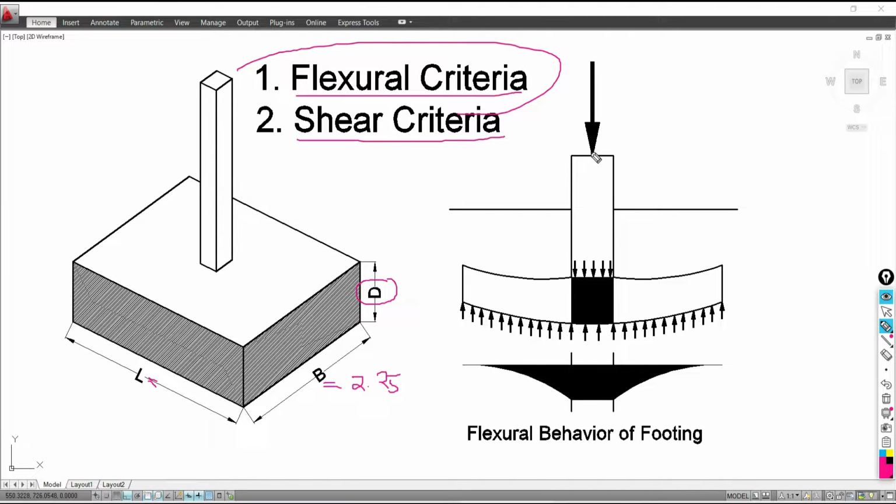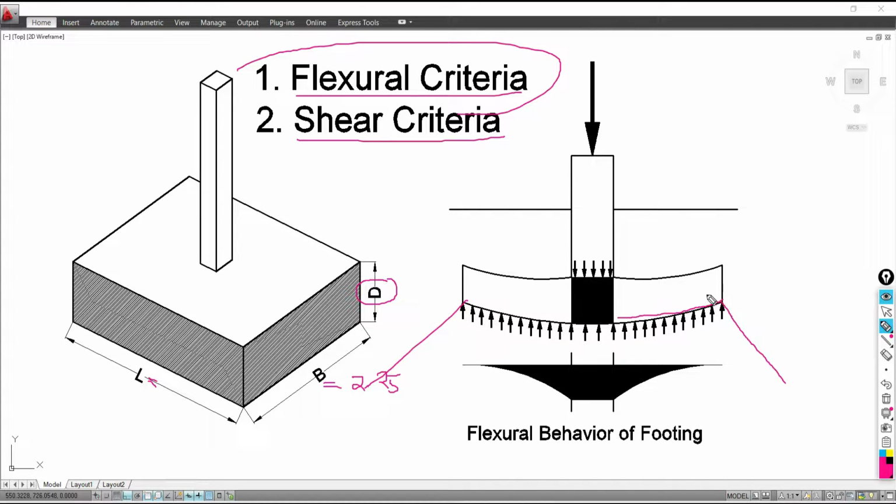When you apply the load through this column to this foundation, as we have seen earlier, whatever load you put over the foundation slab through your column, your foundation is going to transfer that load to the subsoil. That is its responsibility, and against the action of the applied load through this foundation to the subsoil, the soil is going to exert the return pressure at the base of your foundation.